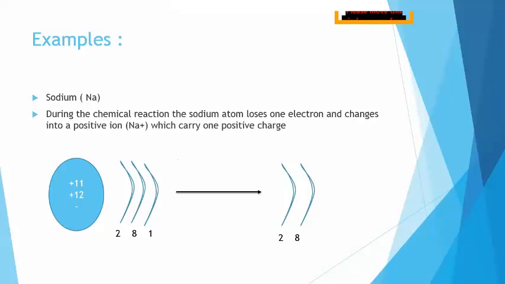For example, sodium contains 2 electrons in the K energy level, 8 electrons in the L energy level and 1 electron in the M energy level. During the chemical reaction, sodium tends to lose the electron in the outermost energy level M to look like the noble gas neon with electronic configuration 2,8. So in this case, sodium is a positive ion with one positive charge.